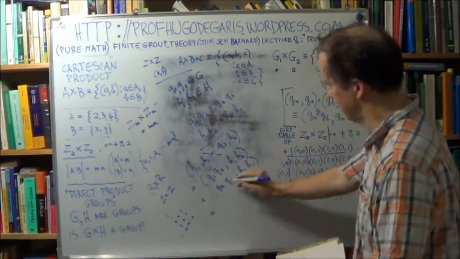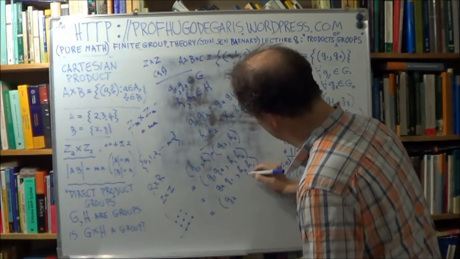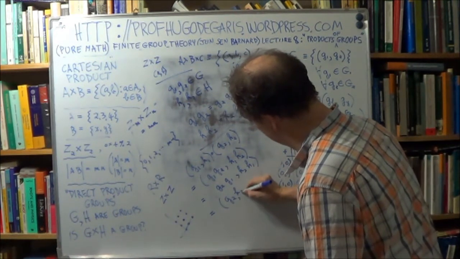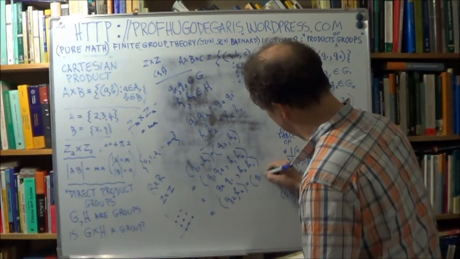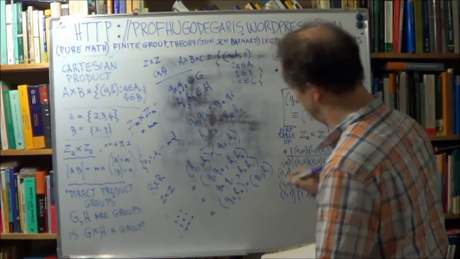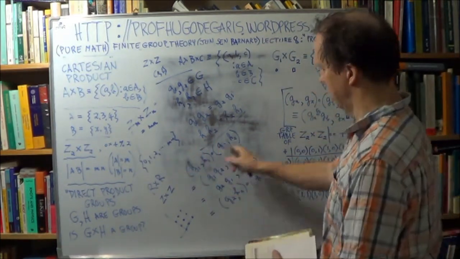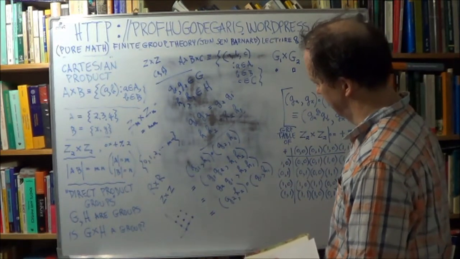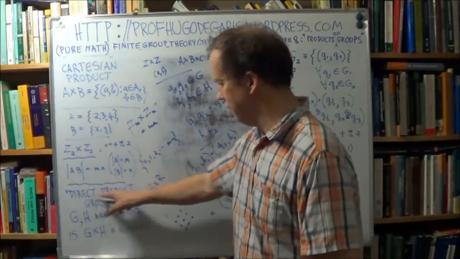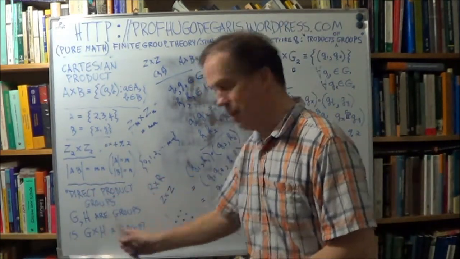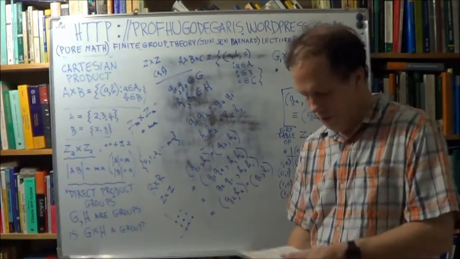But what is this? Well, that is (g2, h2) times (g1, h1). Right? And this is the flip of that. So we've proved it. Therefore, the direct product group, G by H, is abelian if G and H are abelian. Right?